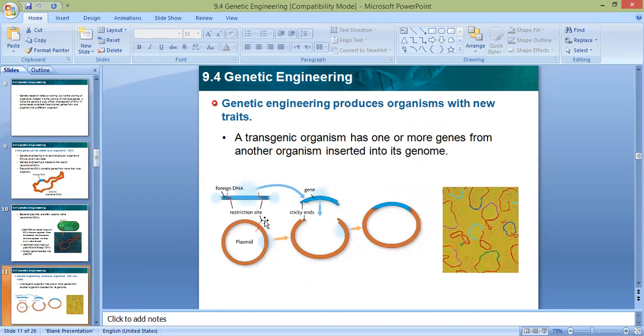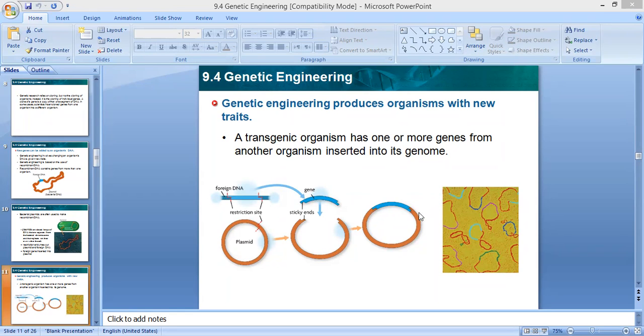Do you see here? This is the plasmid. They use a restriction enzyme to cut the DNA, and then we add the wanted gene. This will change the trait. Then this will produce a new bacterial plasmid with new genes, meaning a new genome.